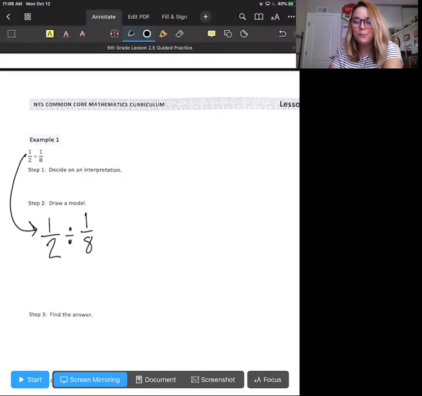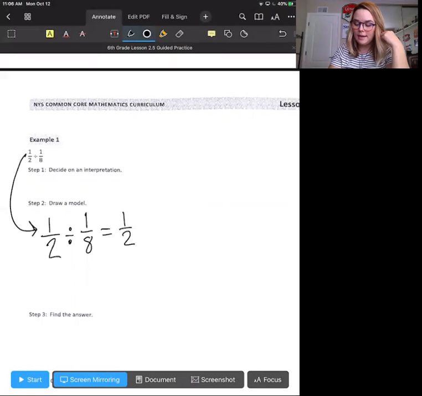If you remember, when we're dividing a fraction, we are multiplying by the reciprocal. What that means is we take our second number. So we have 1/8, and I'm going to make it its reciprocal, or flip it on its head, to make it 8/1, 8 over 1, or 8.